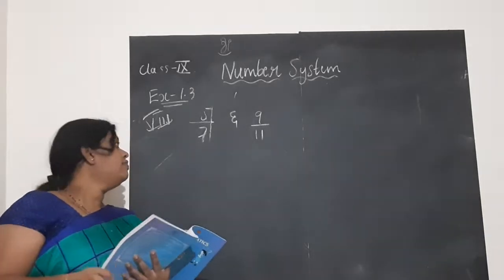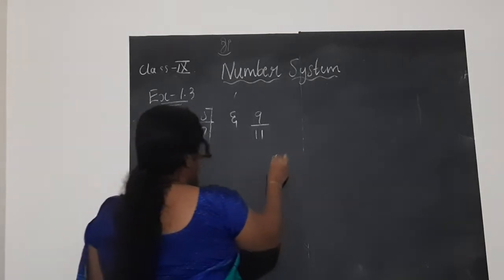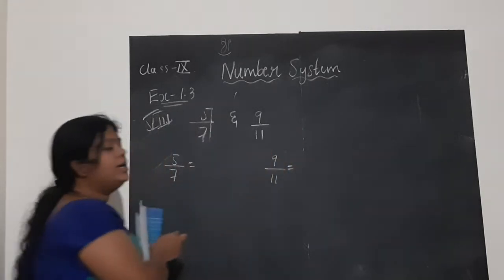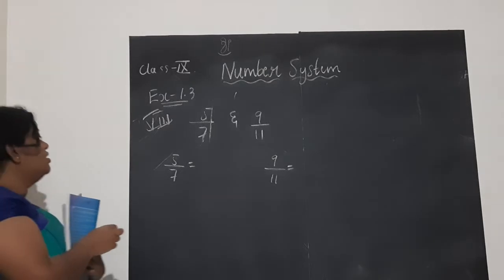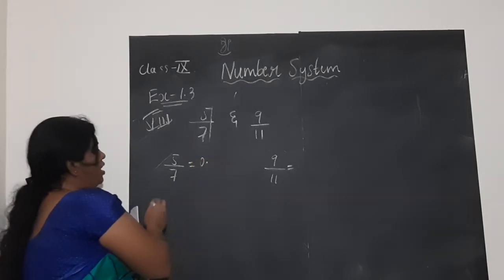Here, first we need to find the decimal expansion of 5 by 7 and 9 by 11. So you have to go for the actual division method here. I will do it directly.